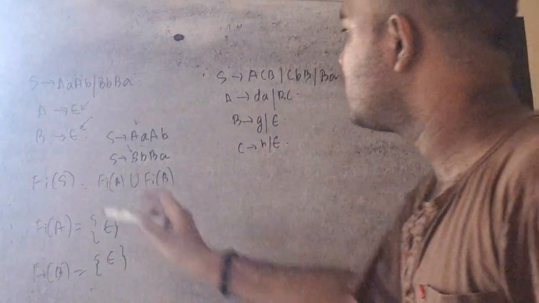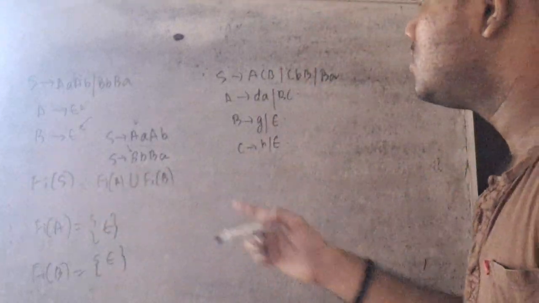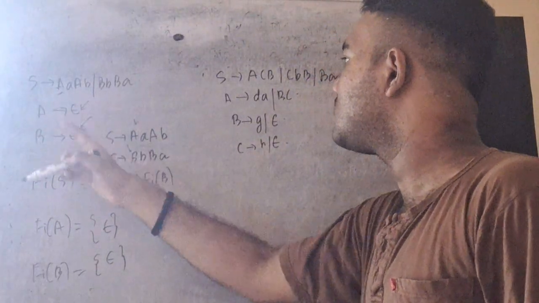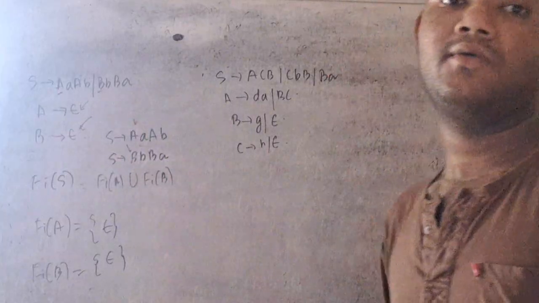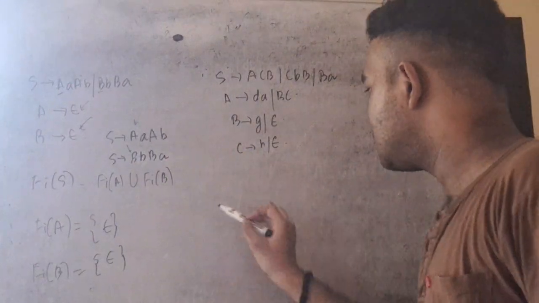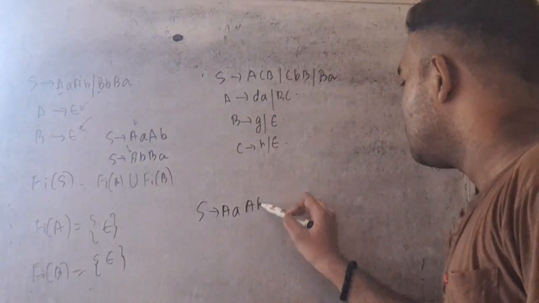But see one thing. There is A tends to null, and there is also B tends to null. So if I substitute null in place of A, and in place of B if I substitute null, what will I be getting? Let's see. Here, S tends to A B, right?